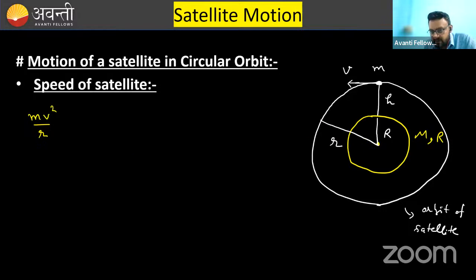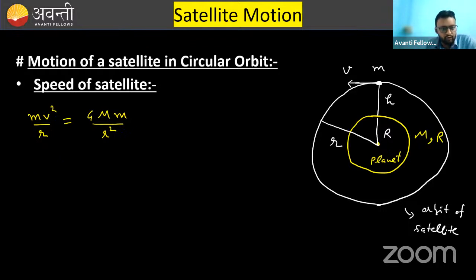This r is the radius of the orbit of the satellite. Centripetal force is provided by the gravitational force, the attraction force between the planet and the satellite. So gravitational force is G M m divided by r square. This M is the mass of the planet. It might be Earth, might be any other planet. Most of the times when we deal with artificial satellites, it's Earth only.